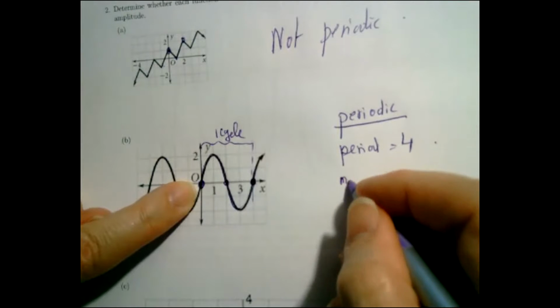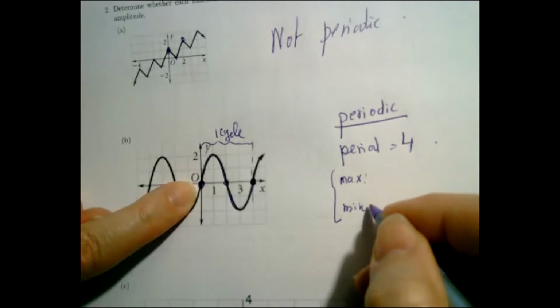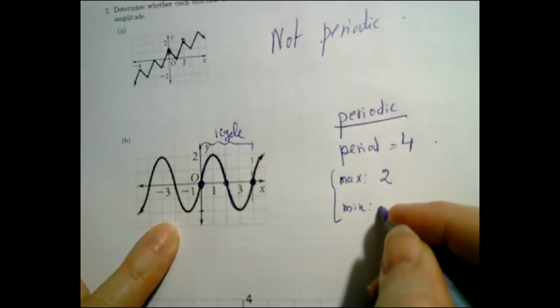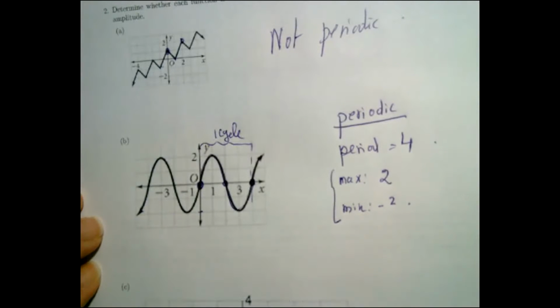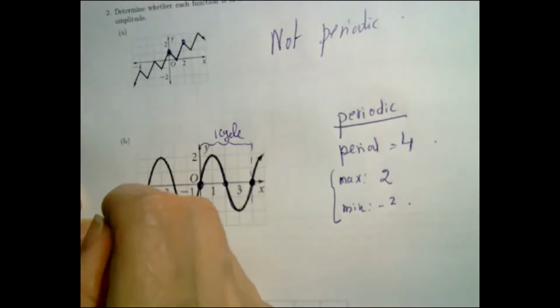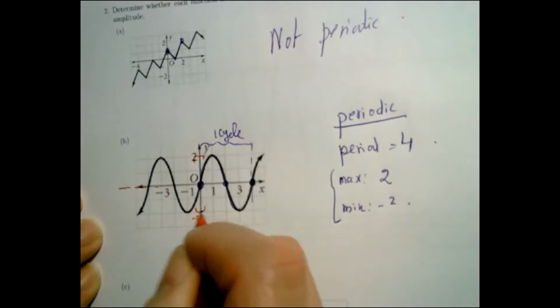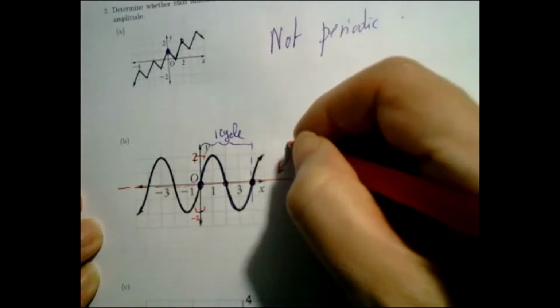Now the maximum, I always want you to find the maximum and the minimum, even though I think your answers are right. The maximum is 2 and the minimum is -2. So the midline, we also have to draw it. It's halfway between the max and the min, and halfway between -2 and 2 is definitely 0.